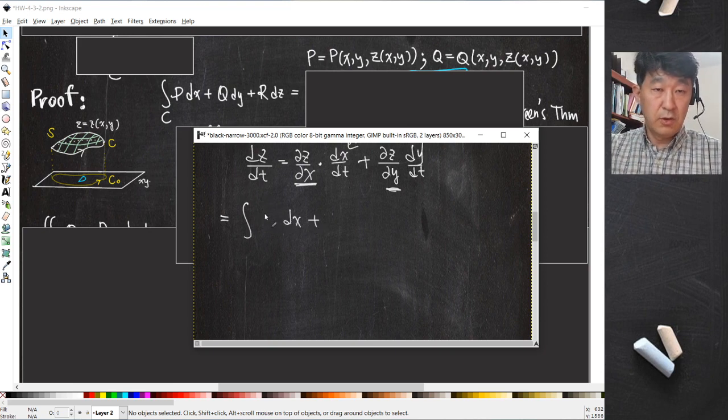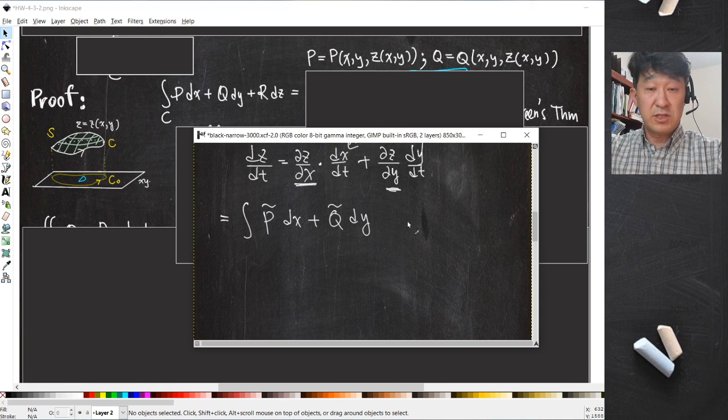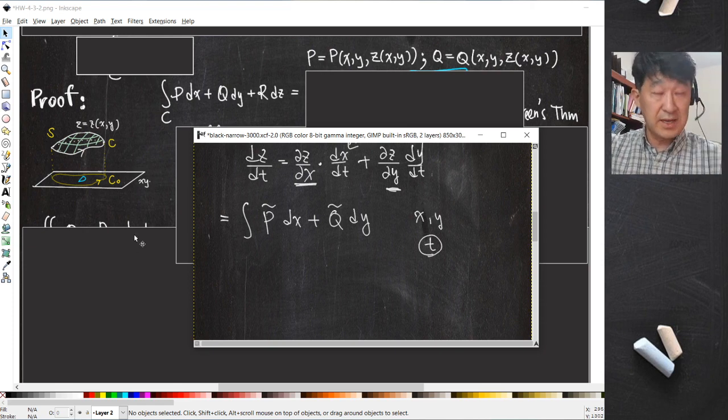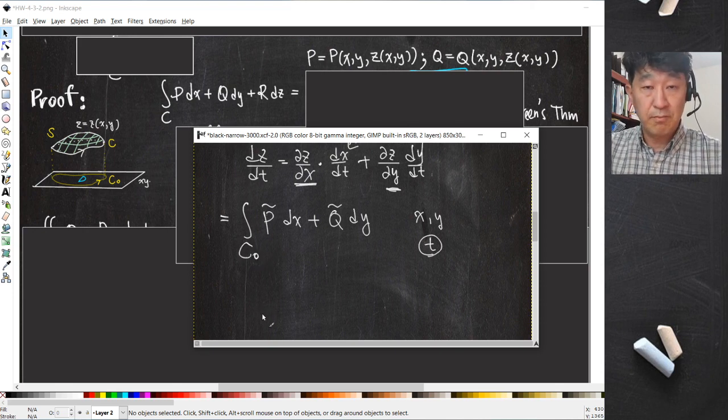All these things are grouped together as P tilde, and here's a Q tilde, dy, and this is only about x and y, and there's a t involved in doing all that. So as t varies, what is happening to x and y? That's the curve. This is a curve, but we only care about x and y. That's exactly the projection. So if I denote that by C0, that becomes C0 right there.